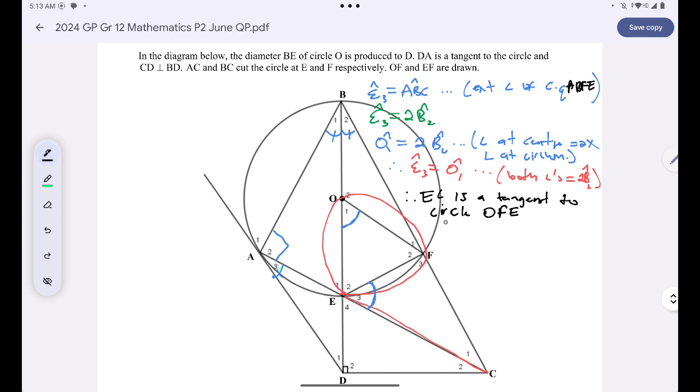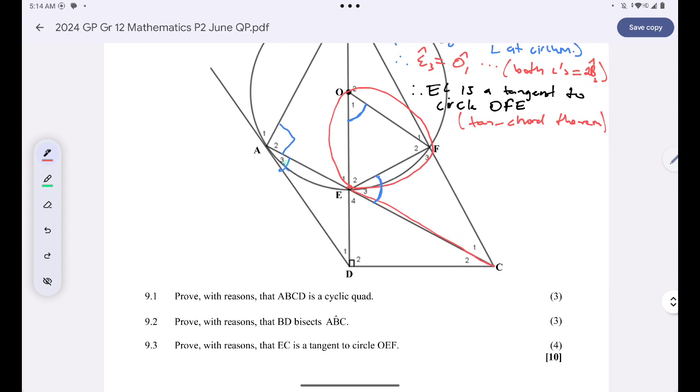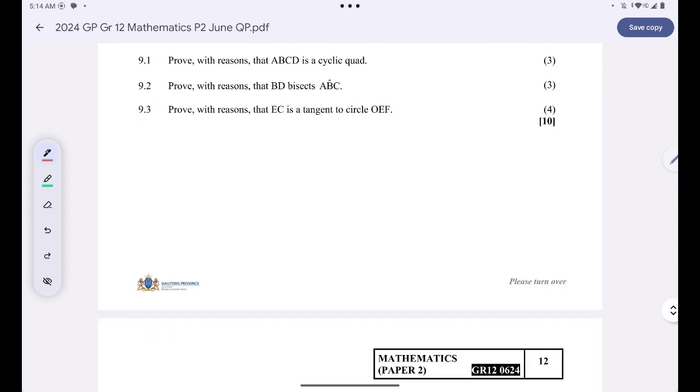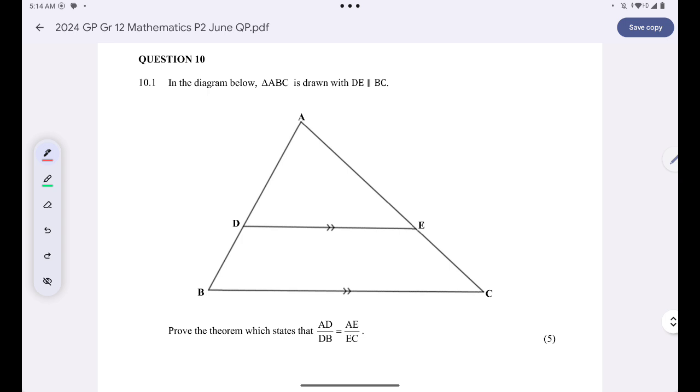The reason behind that is because the tan-chord theorem is proven there. Are you together? So now I've shown that line EC is a tangent to the circle. Okay.